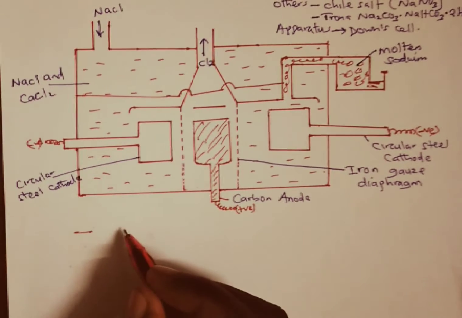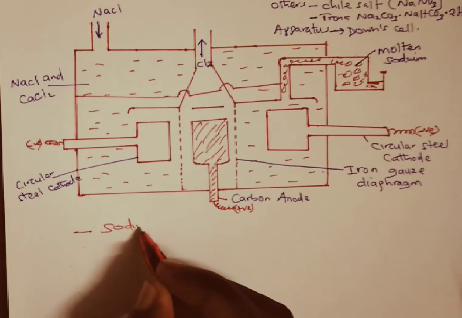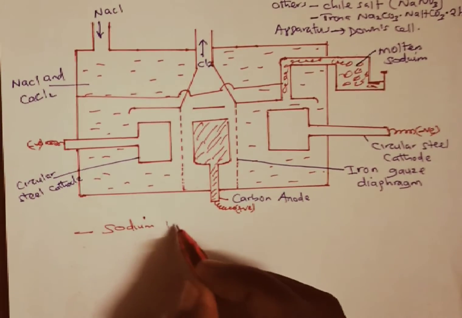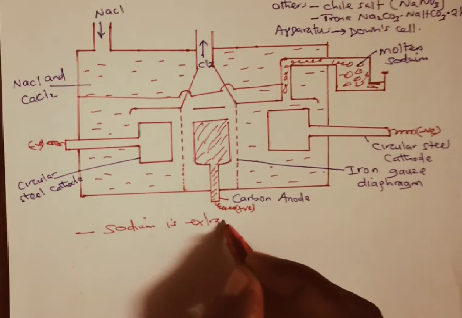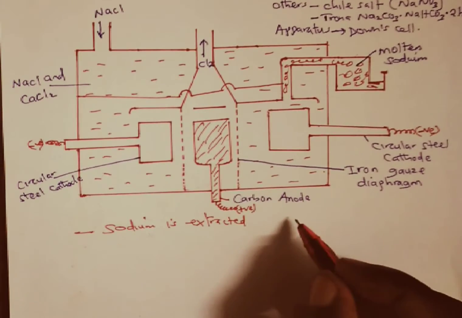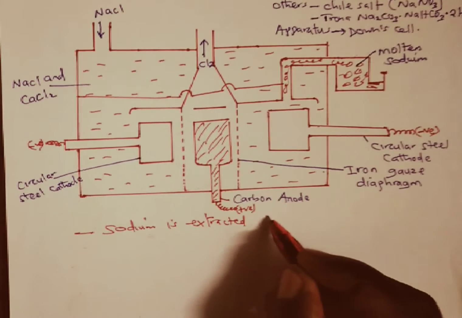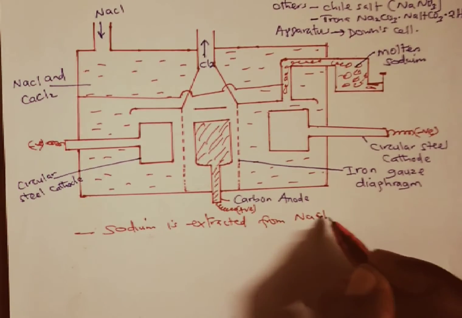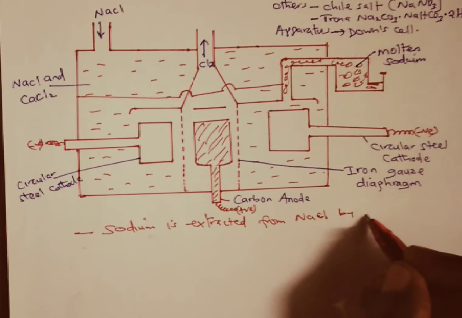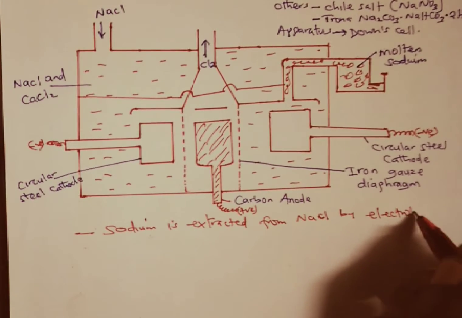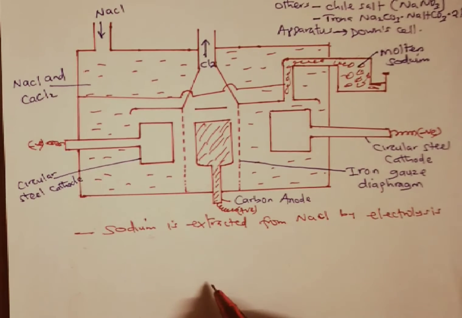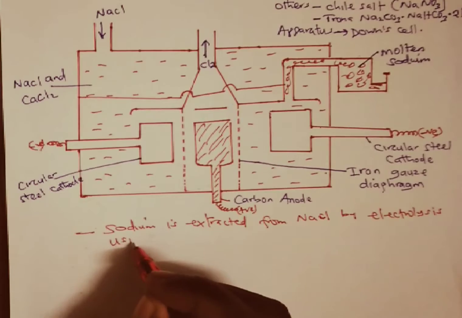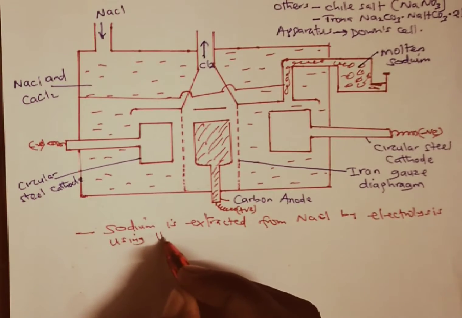So we can say sodium is extracted from rock salt, which is sodium chloride, by electrolysis using the Downs cell.